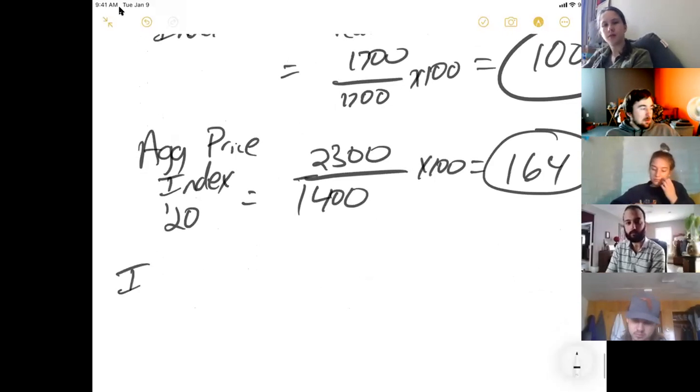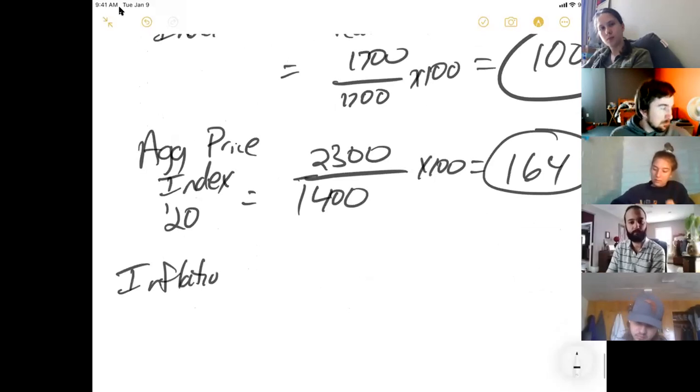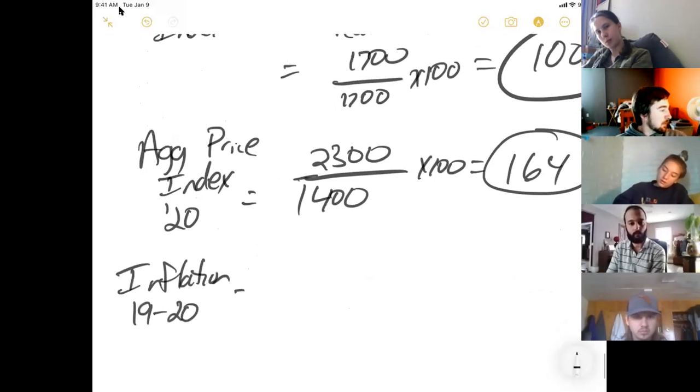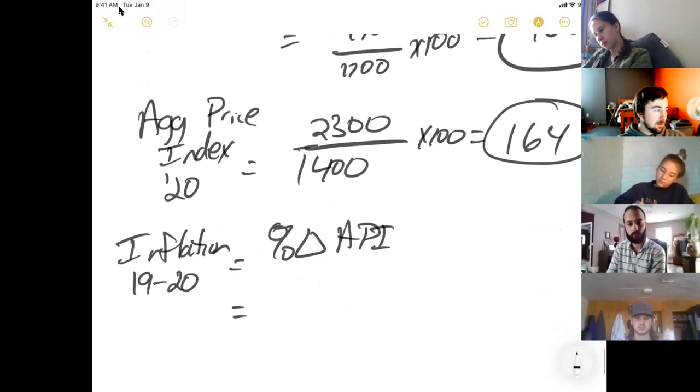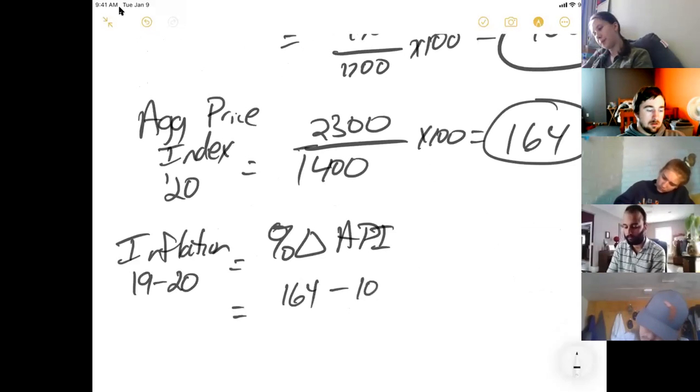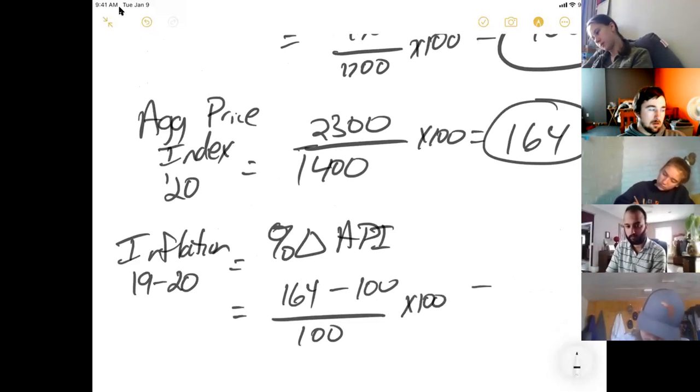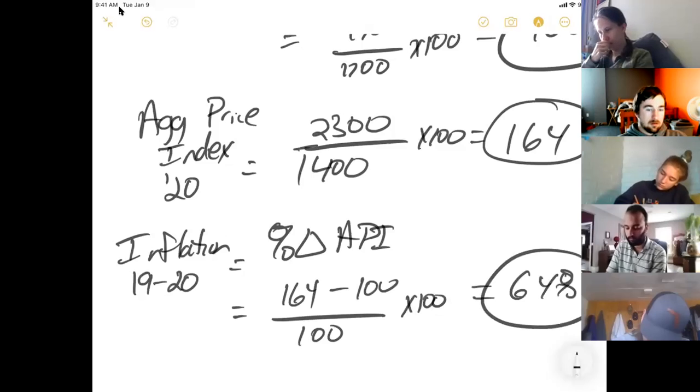To get the inflation rate between 2019 and 2020, we have to take the percent change in the aggregate price index. So we take our new observation of 164 minus the old, divided by the old, multiplied by 100. And we get 64%, right?